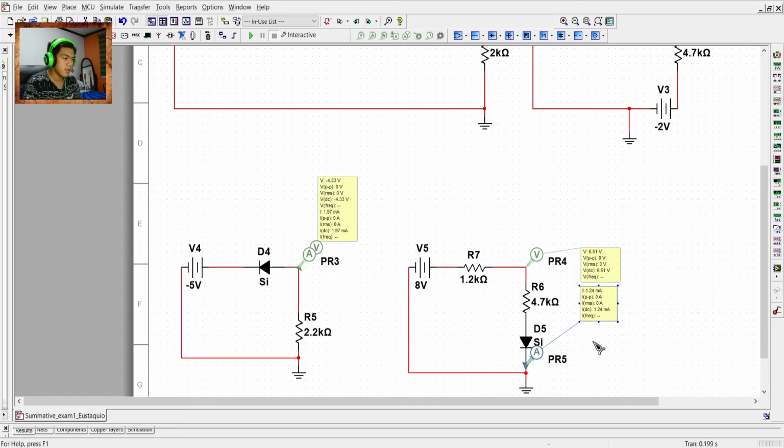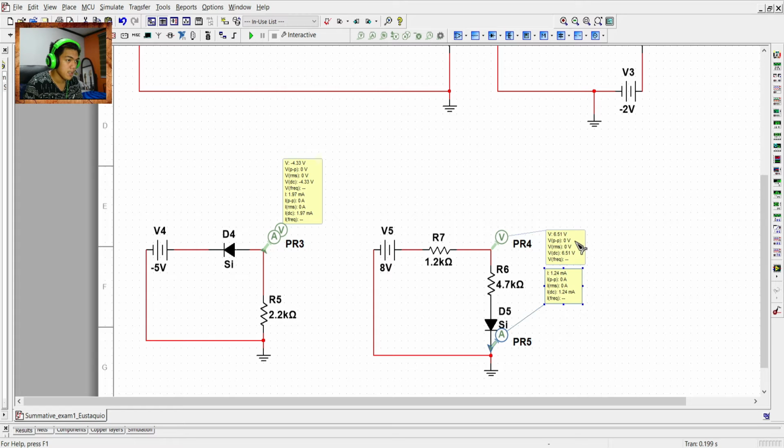And in figure B, the voltage is 6.51 volts, and the current of the silicon diode is 1.24 milliamperes. Those are the simulated values, and I will show here my manually computed solution for problems 1 and 2.